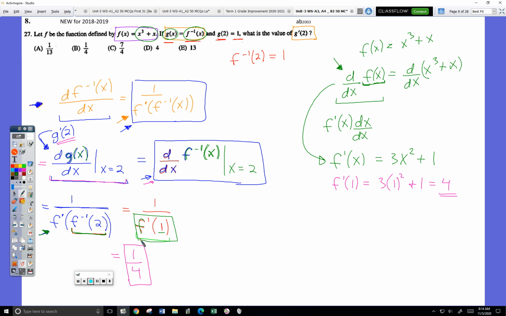But we were able to find the f prime function because we could use our derivative rules and the formula for f. So over here we found a general formula for f prime, meaning we can find f prime of any x. So all we did now was make our x specifically 1. So f prime of 1 is 4. So this whole thing became 4, hence 1 over 4.